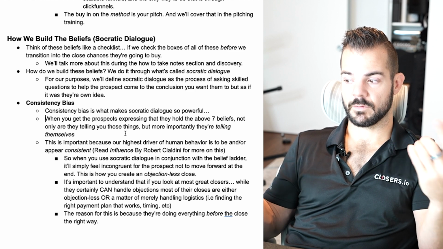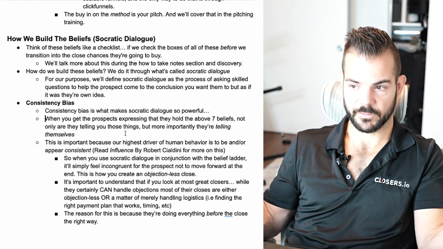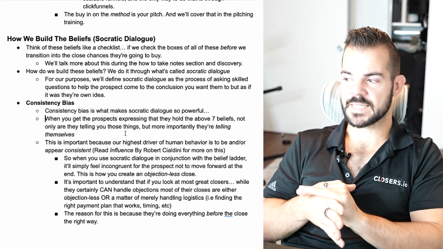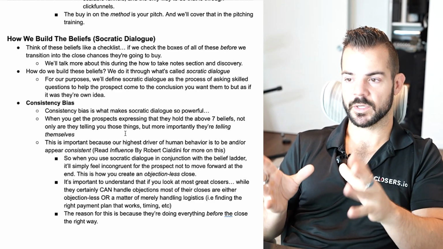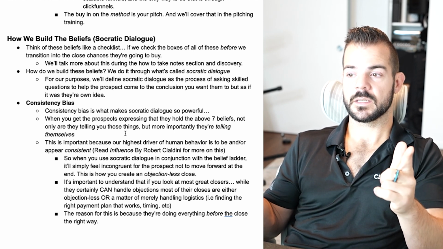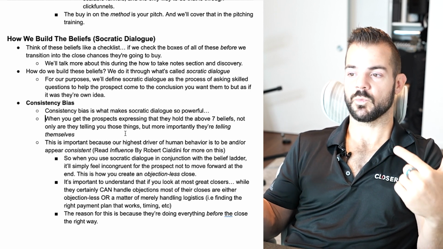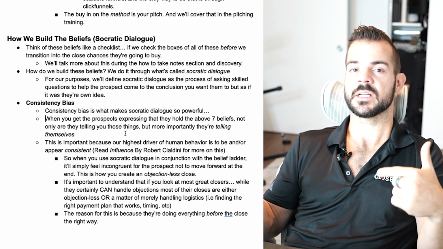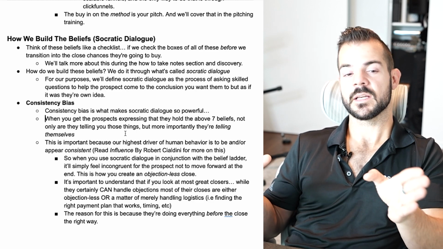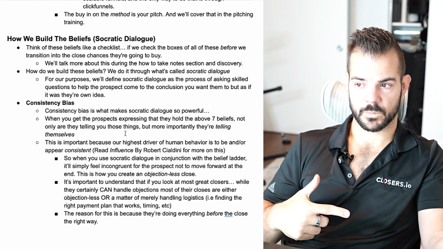Influence is probably one of the best books on actual human psychology, based on research and studies. He tells you that the number one highest driver of human behavior is the need, the want, the desire to appear consistent. And in our case, it's consistent with something they just told you like 10 minutes ago, okay?